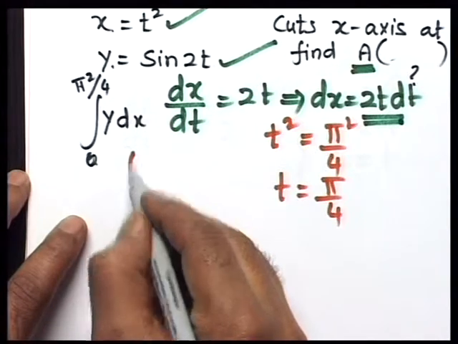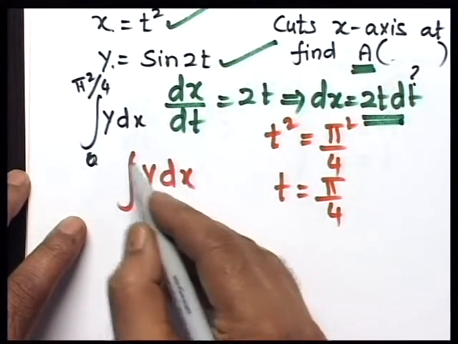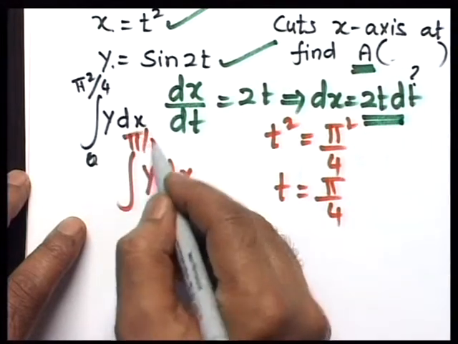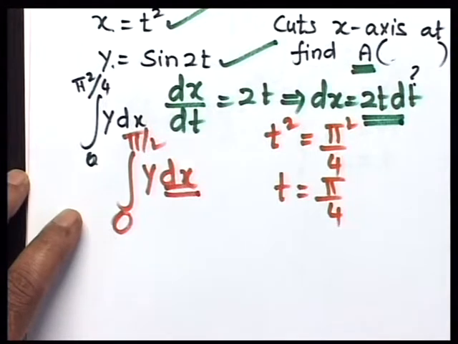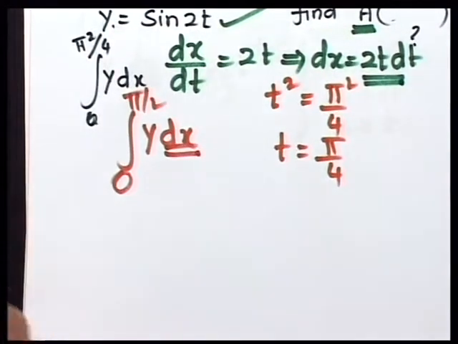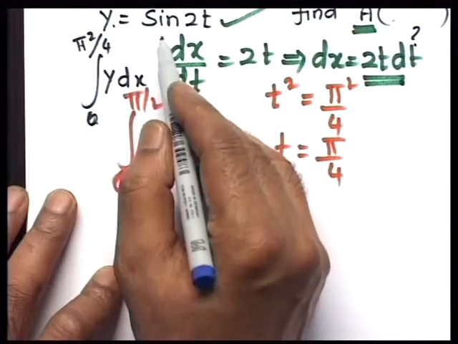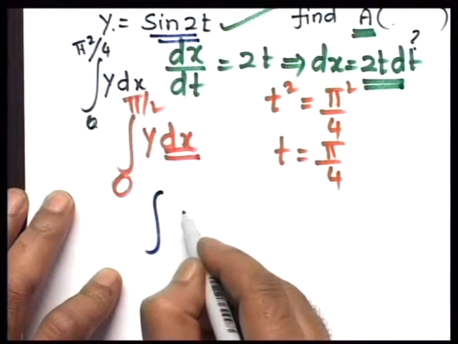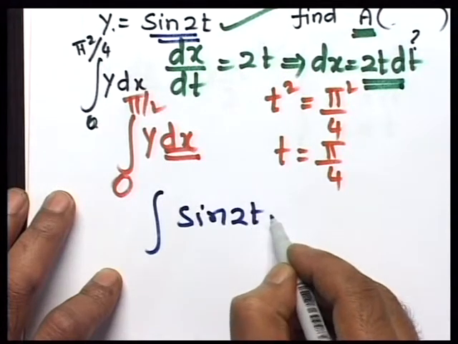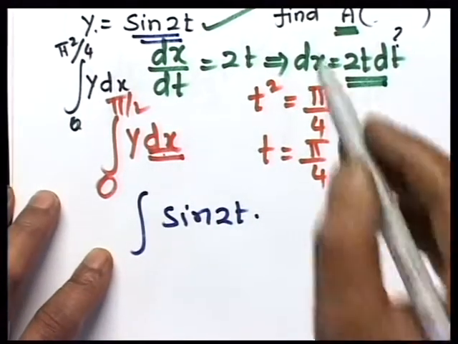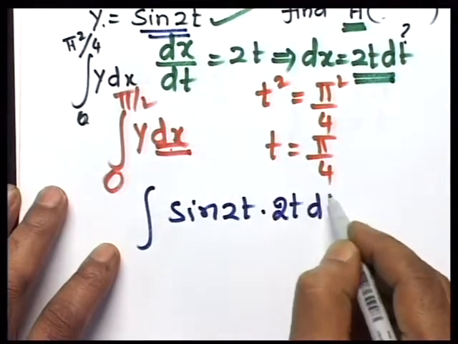So the question now should look like the integral of y dx, with the limits pi over 2 and 0. Then that also should change to dt in the end. So let's write: integrate y, which is sine 2t, and dx, we already found, is 2t dt.